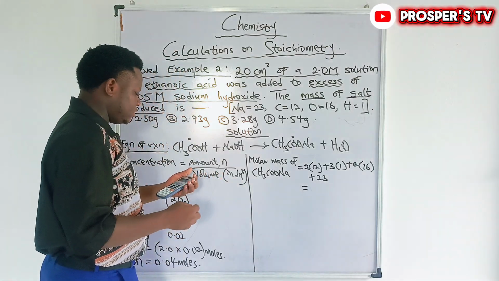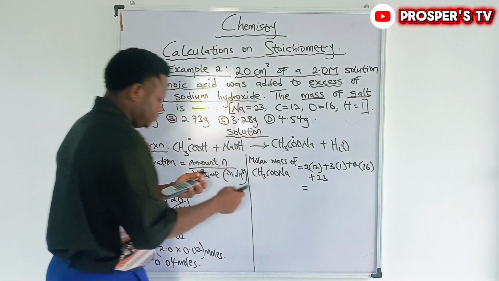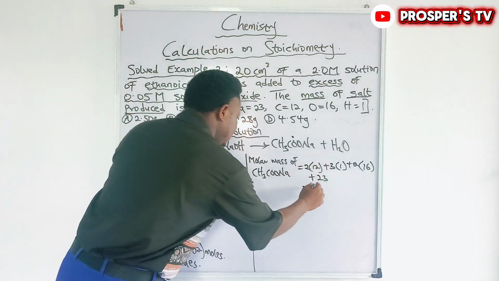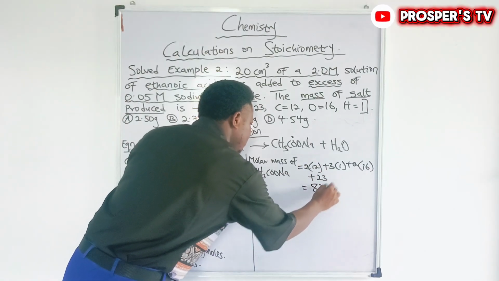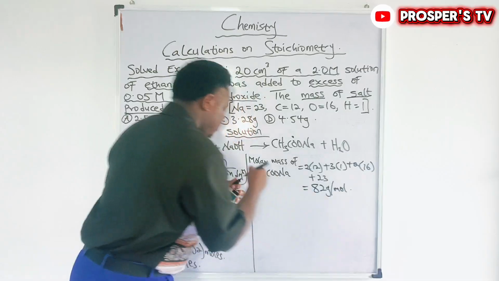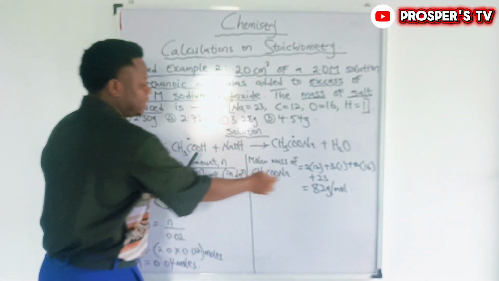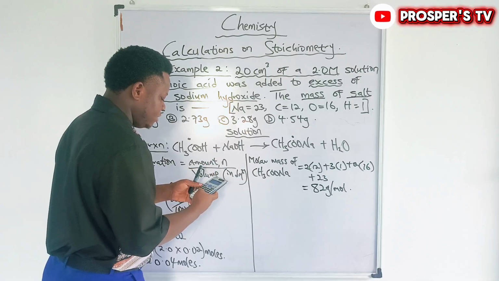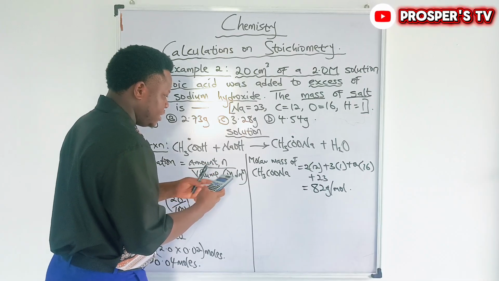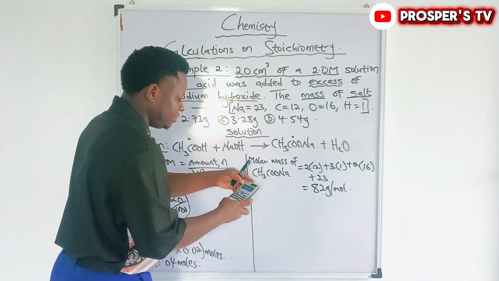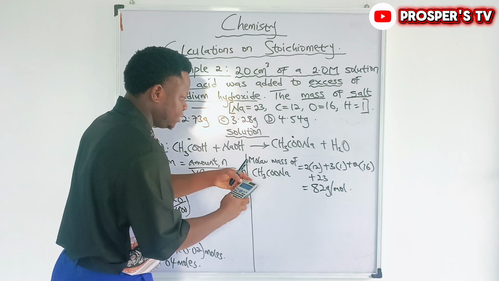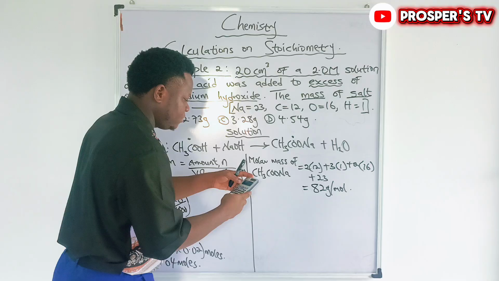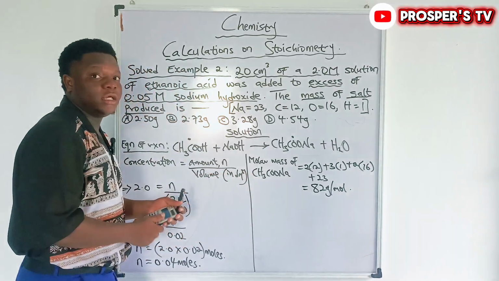So that's giving us 82 grams per mole. If you wouldn't want to do that, you just press them individually. Carbon is 12 plus 3 plus 12 again plus 16 plus 16, then plus 23. So it still gives you 82.